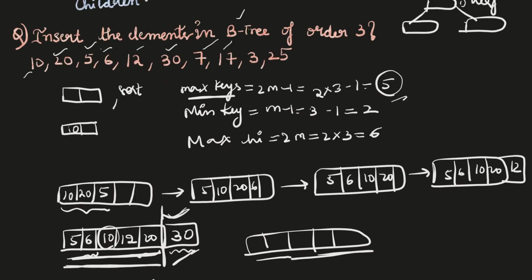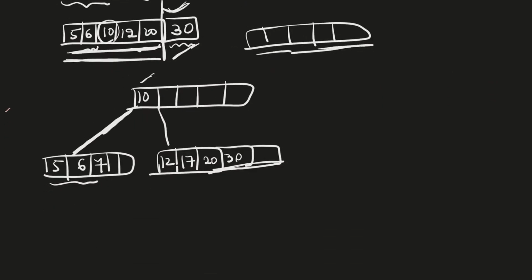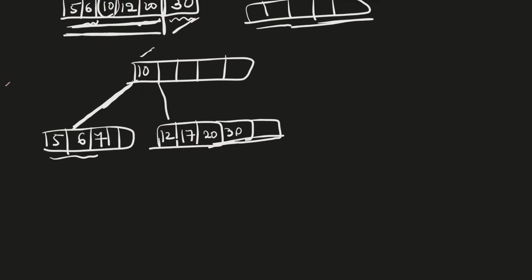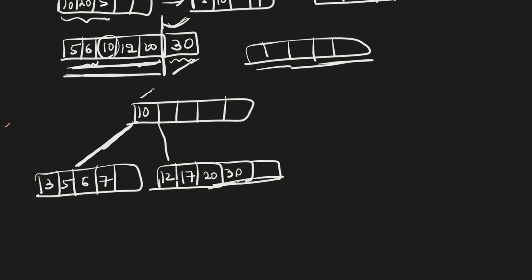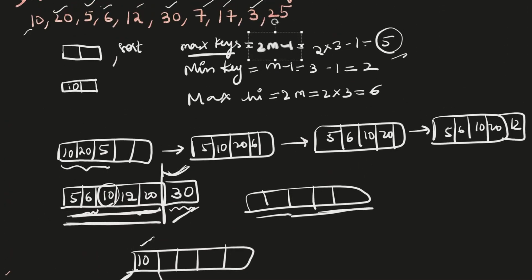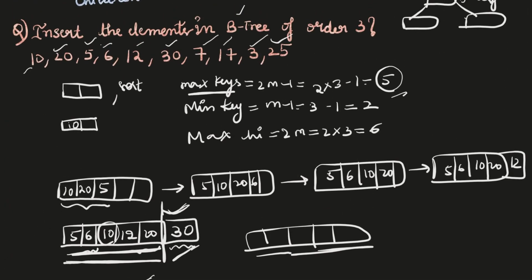And after that, the next element to insert is 3. So it would be left of 10. When you insert it over here, it again requires sorting. So we'll sort the array again. Now this would come out to be like this. Now the next element to insert is 25. So it would be right of 10, and when you insert it to the right side of 30, now it again requires sorting.